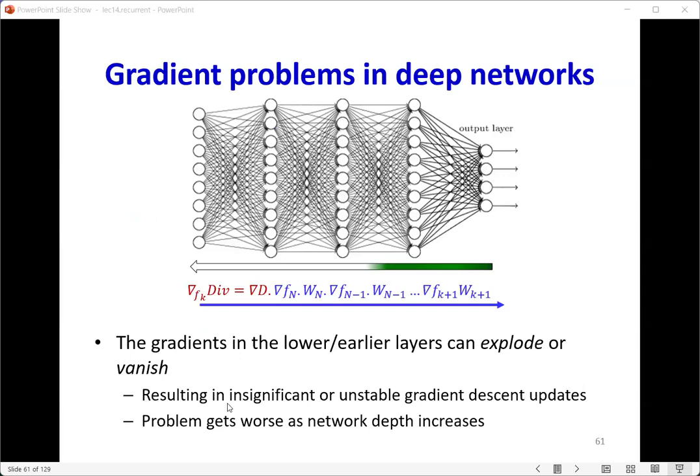This results in insignificant derivatives in most directions, and a small number of directions where the derivatives are going to blow up. Does this make sense? Yes or no? Right. So you have the problem of exploding and vanishing gradients.